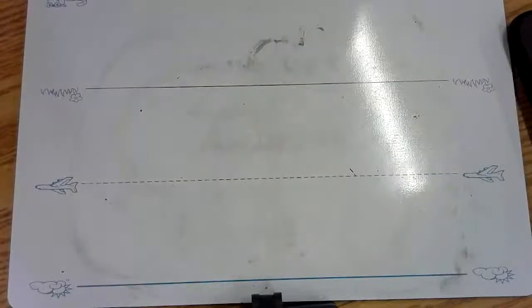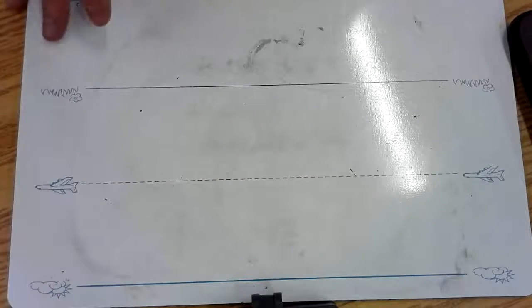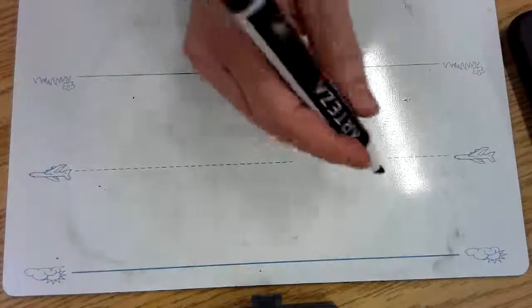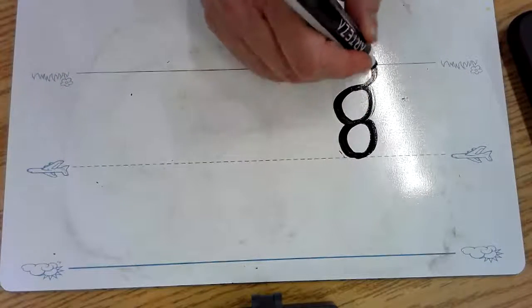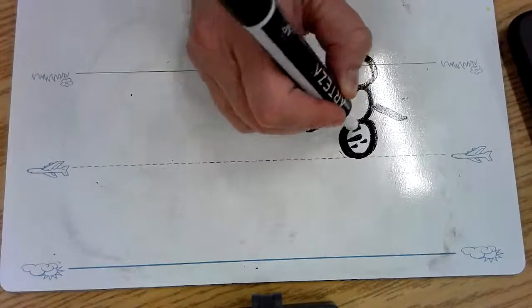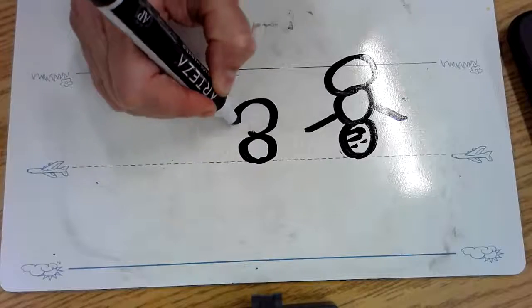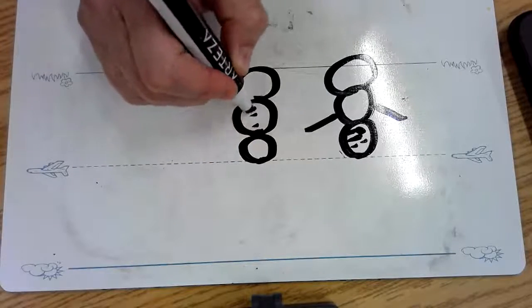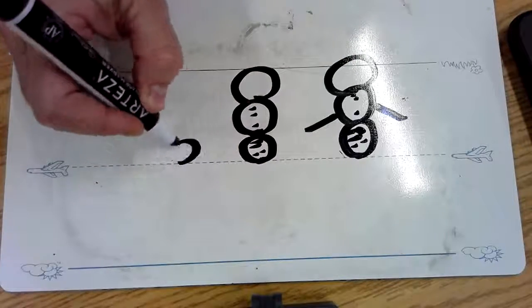Okay, I'm back. So what our application problem says is that we need to draw 4 snowmen, okay? So I'm going to make my snowman. So we have 1 dot, 2 dots, or snowballs. Put some eyes, and then another one, and another one.